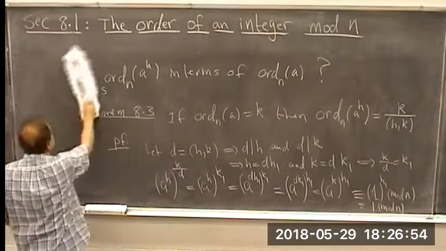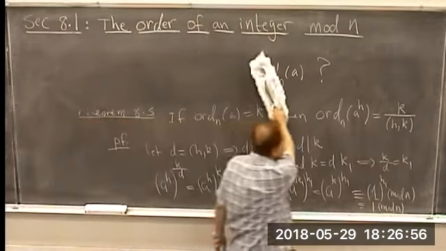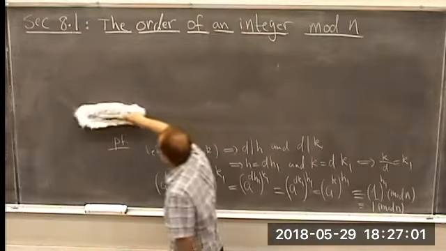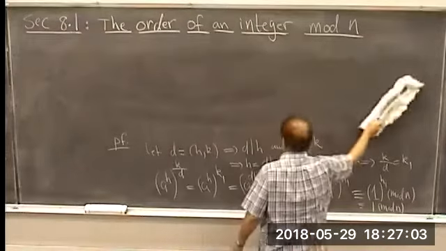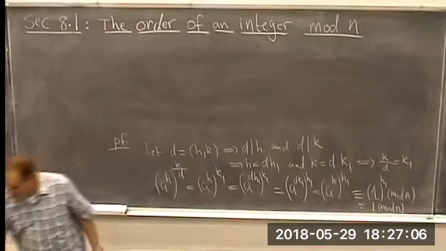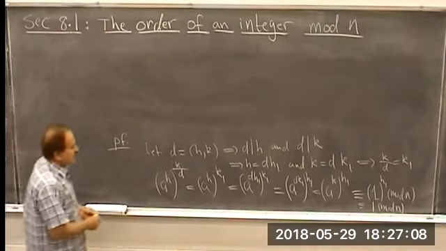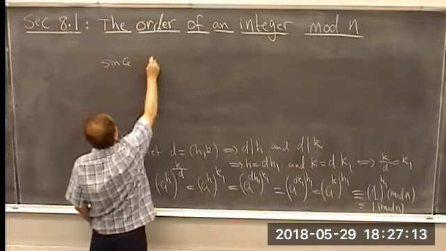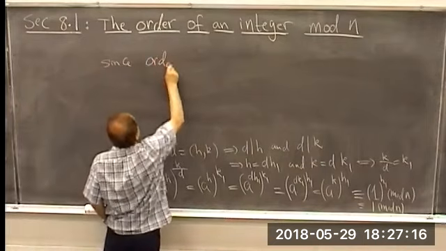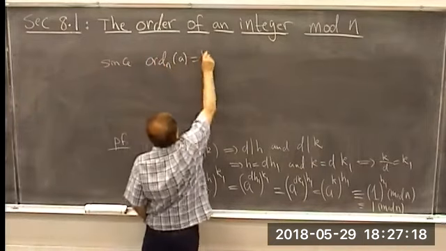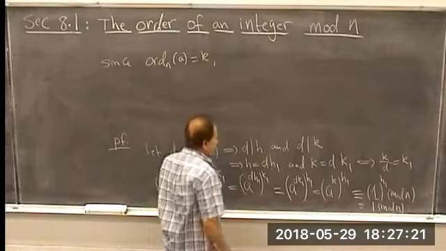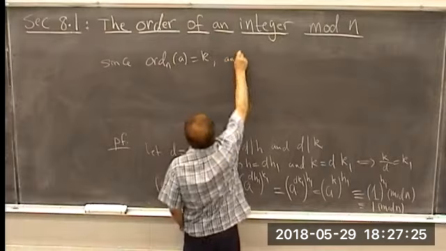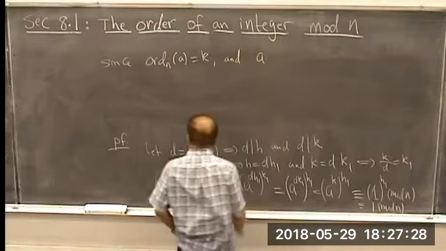Since the order of A is equal to K, and we have A to this exponent.